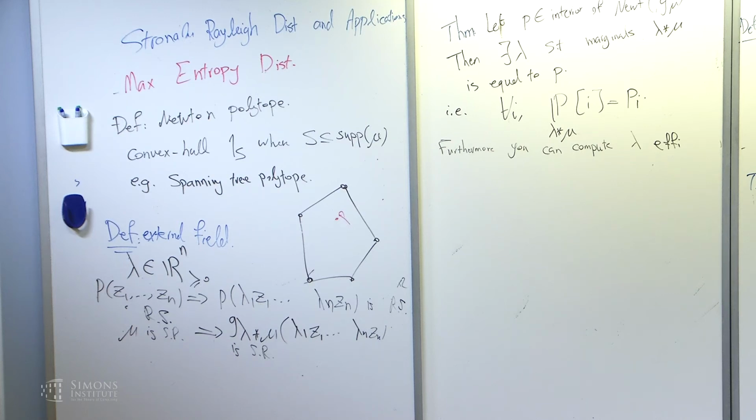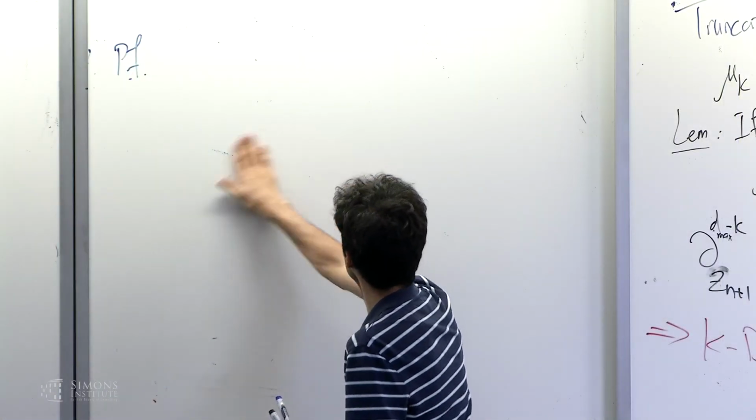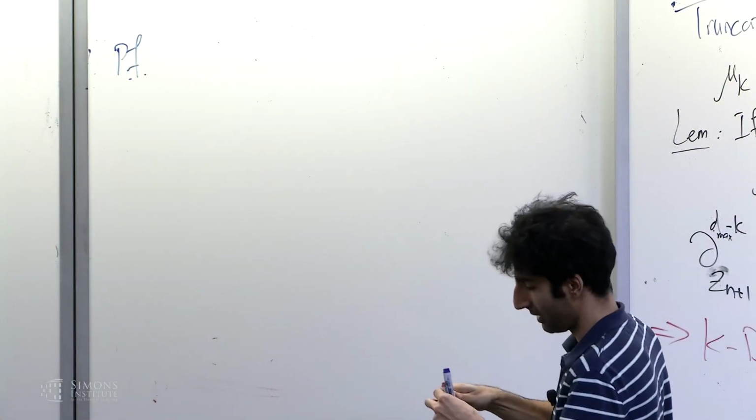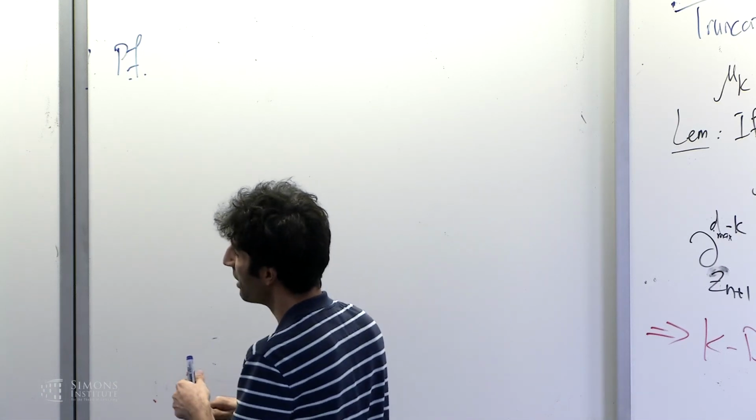So let me briefly say how you prove this, and then we can go for the break. There are actually multiple ways to prove it. One way is to prove it by max entropy distribution, but there's a dual proof by scaling, which is, I think, quicker and maybe nicer.